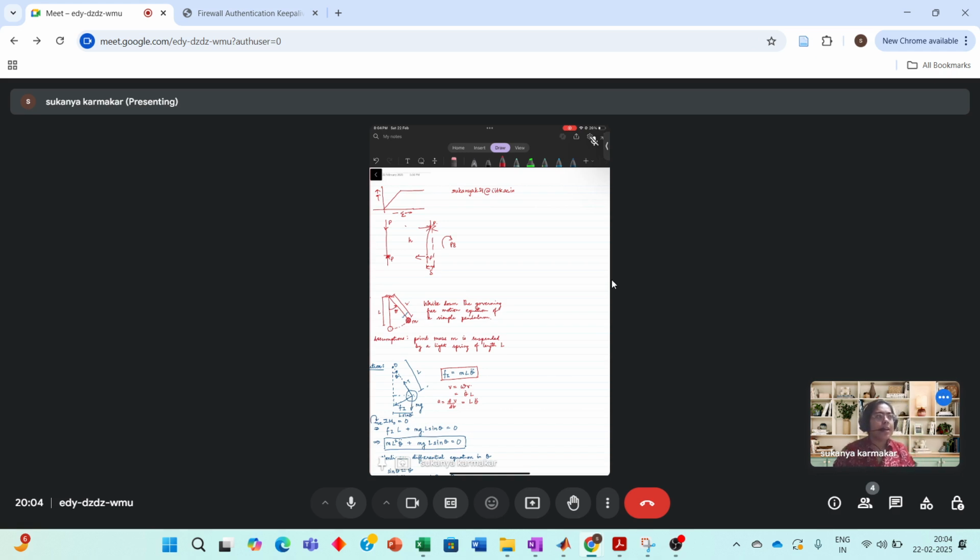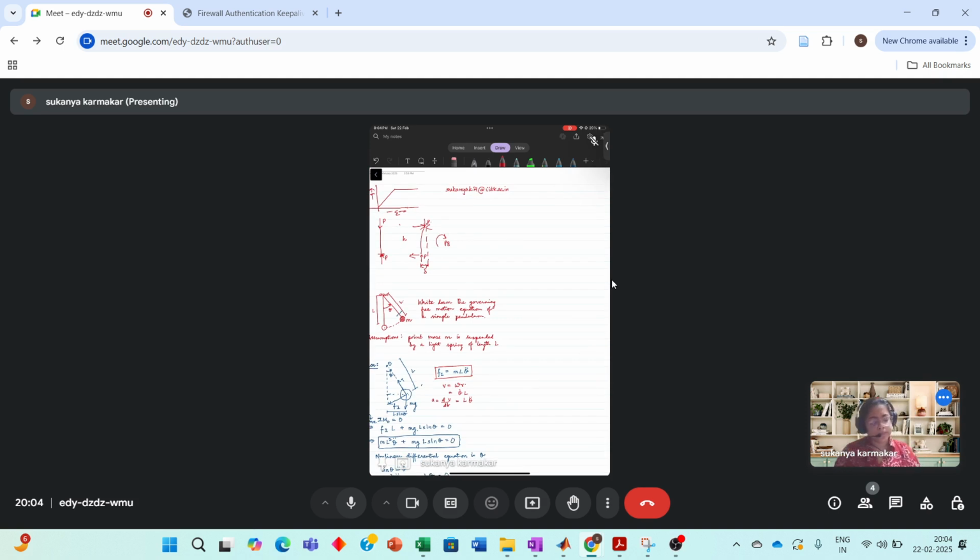It's not like he will do a certain portion, I will do a certain portion. We'll both be taking up the entire portion. The perspective of the topic might be different for him and me. Suppose I understand a certain thing in a certain manner, so it's good to attend both the sessions if possible. Otherwise, you can always go through the recording. It will be available.